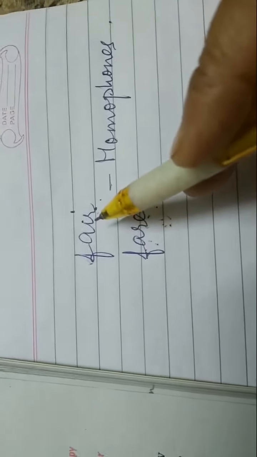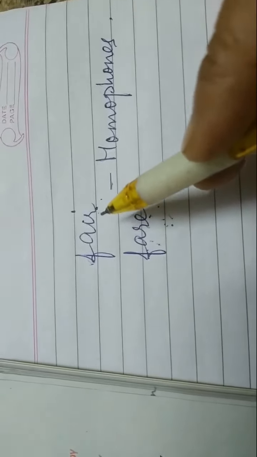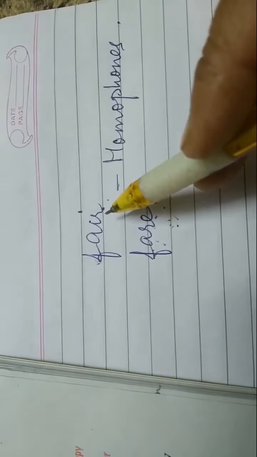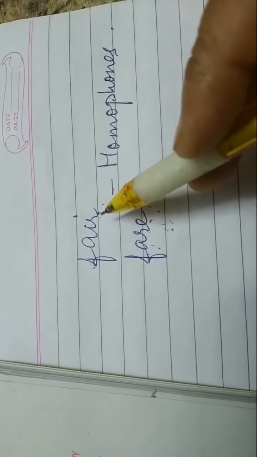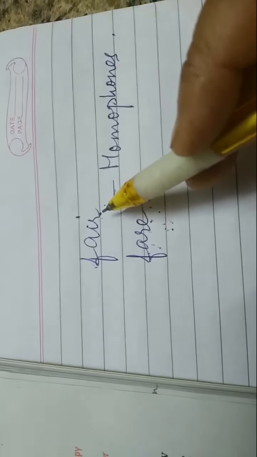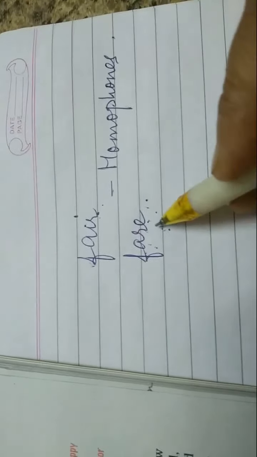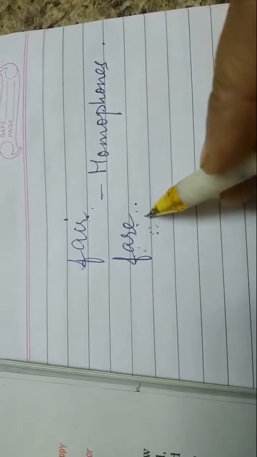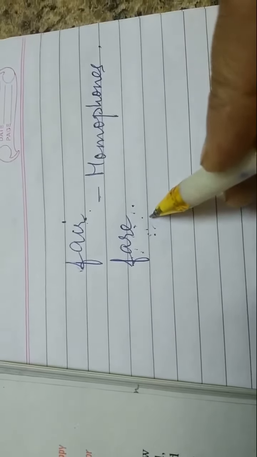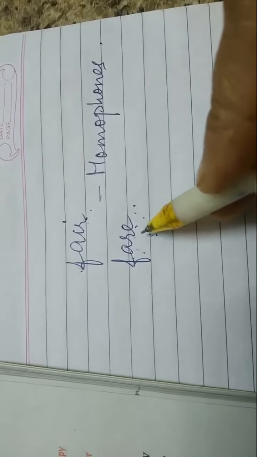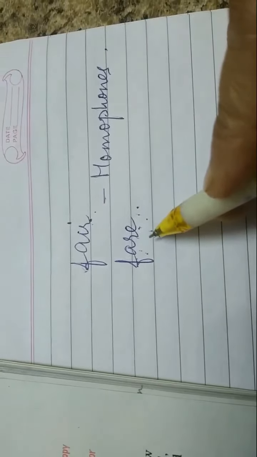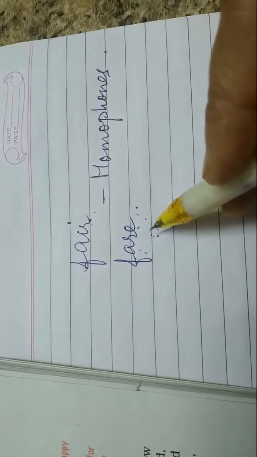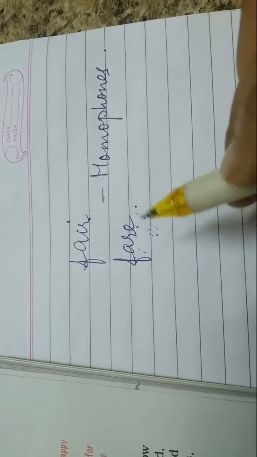F-A-I-R means a fair, which is a mela. It also means somebody who is fair in complexion, gora, safed, okay? And F-A-R-E, fare, we use when we say you are not doing the fair thing, the correct thing, or you pay a fare when you travel to some place and you pay a fare of a particular amount.